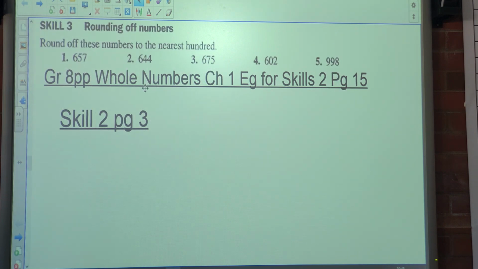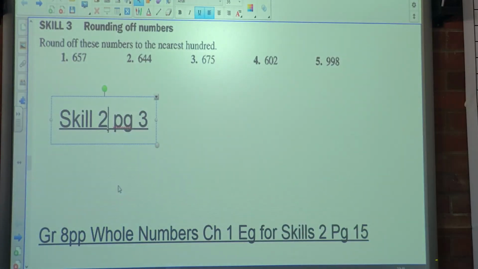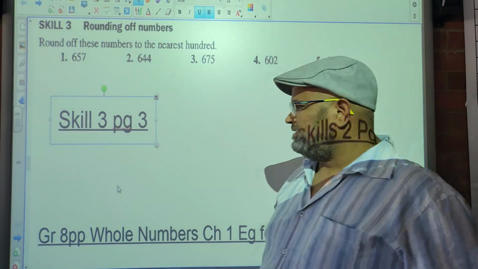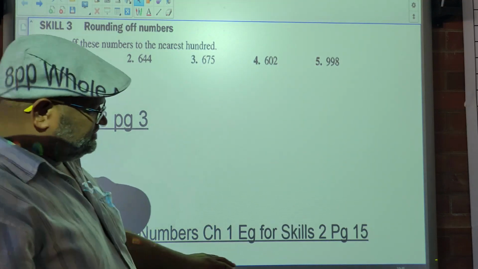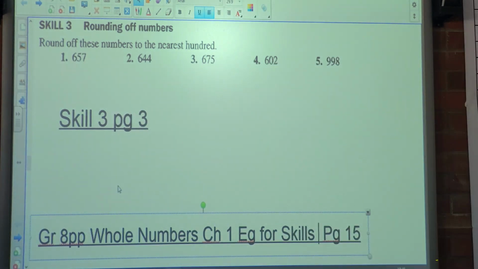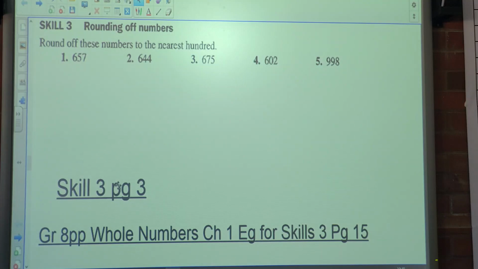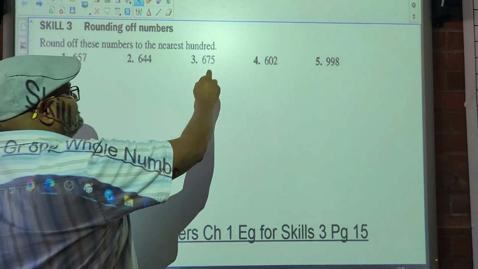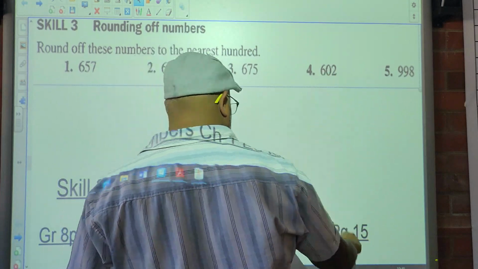Now we're looking at skill 3. Skill 3 still on page 3. So the question is round off these numbers to the nearest 100.